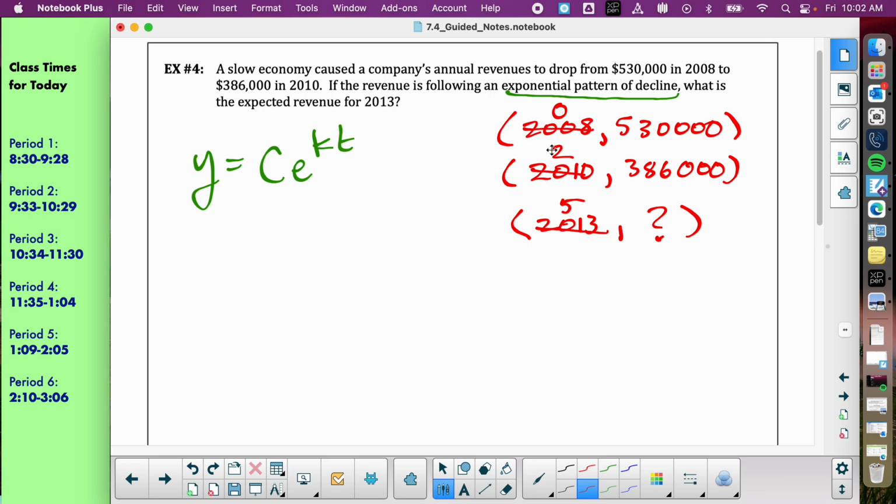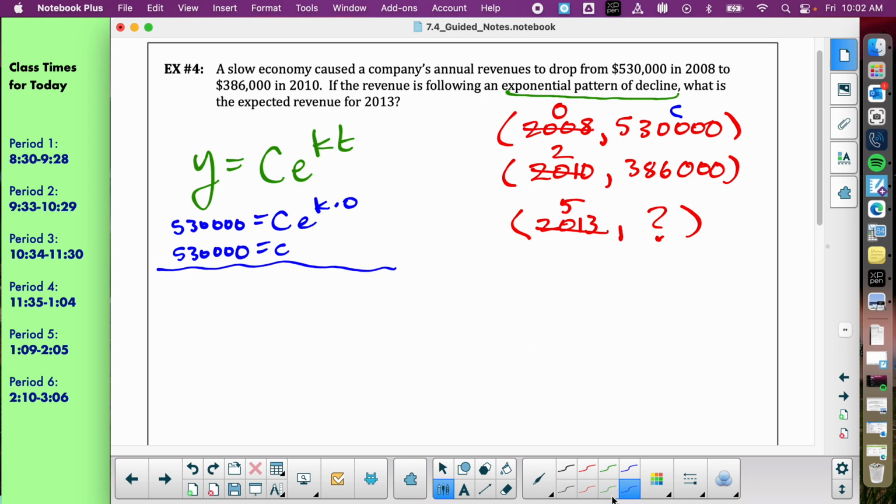And it's much more beneficial to use a 0 because that means 530,000 would be C. So I'm going to find C first. 530,000 e to the k times 0. And so C is 530,000 like we already knew.